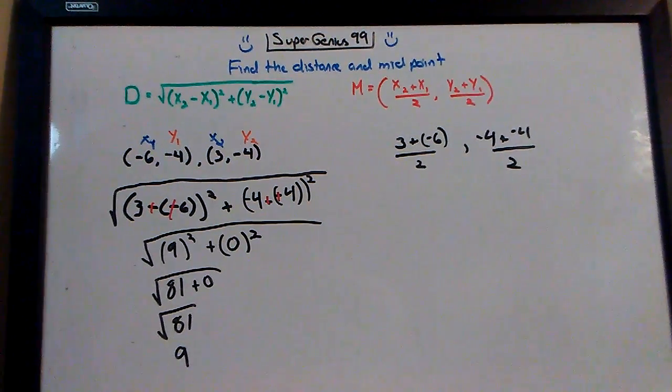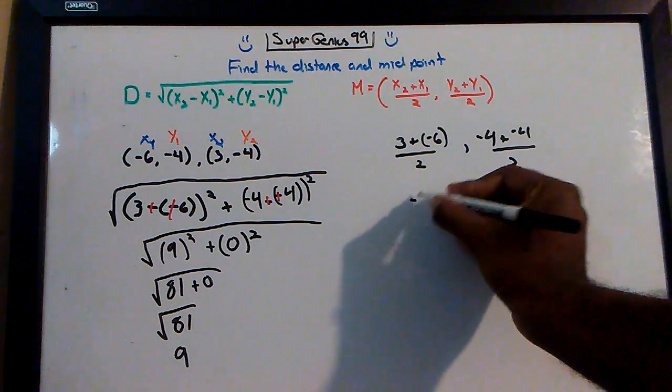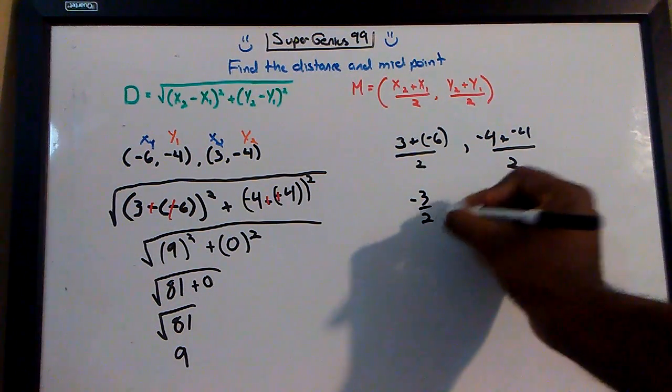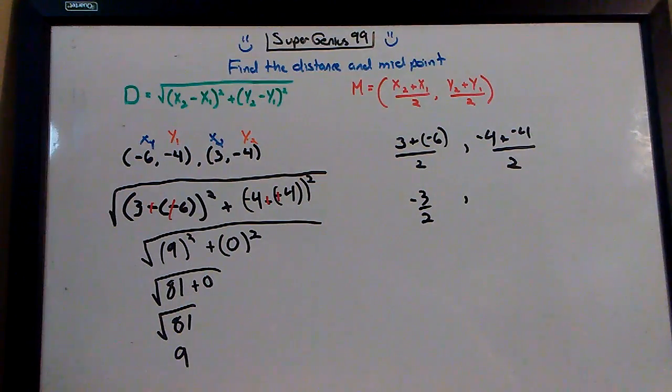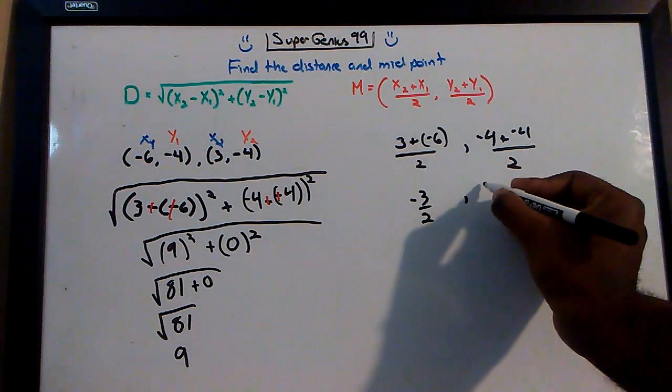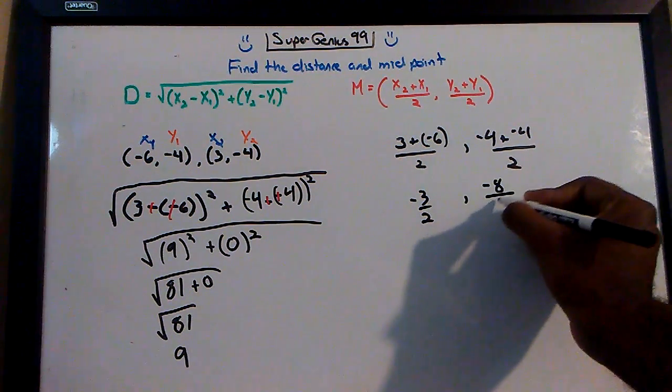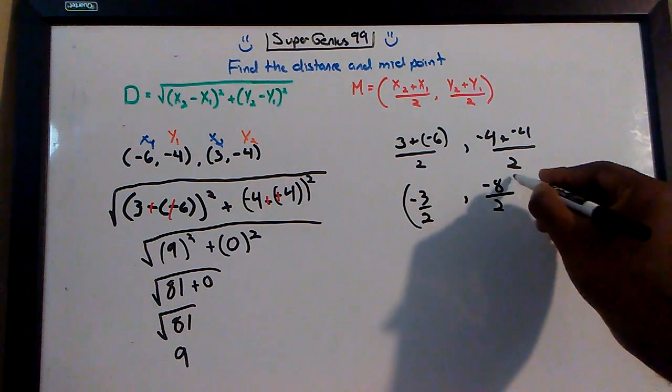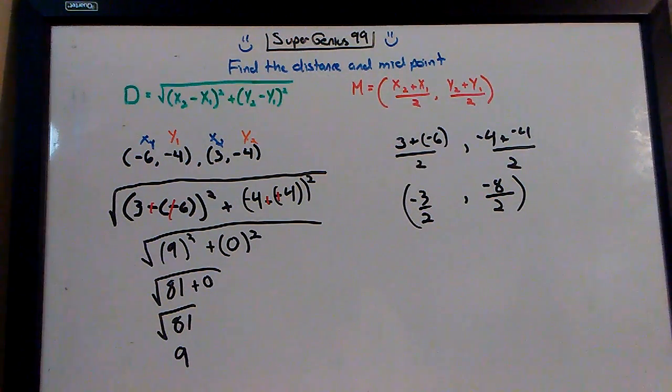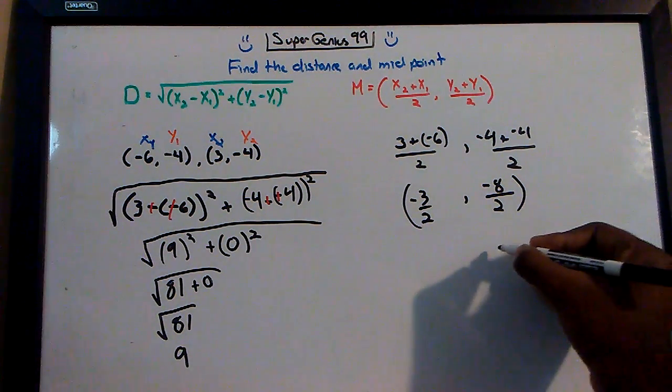So 3 plus -6, how much is that? And negative 4 plus negative 4, how much is that? Negative 8. So you could leave it there, negative 3/2, comma, negative 8/2. Could reduce the negative 8/2 definitely.